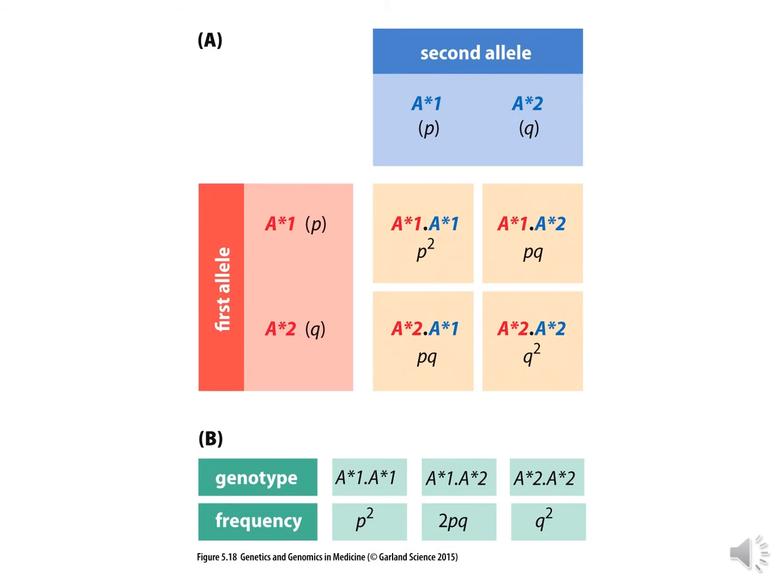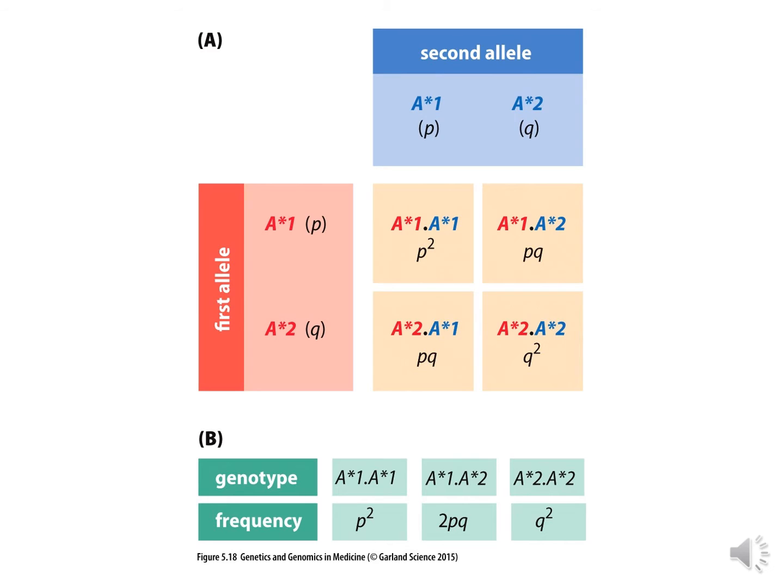In B, we then integrate any pairwise contributions that have the same two alleles, since A*2 A*1 is effectively the same as A*1 A*2, to get the frequencies of these three unique genotypes. So it doesn't matter which allele you consider first; they are essentially the same thing.